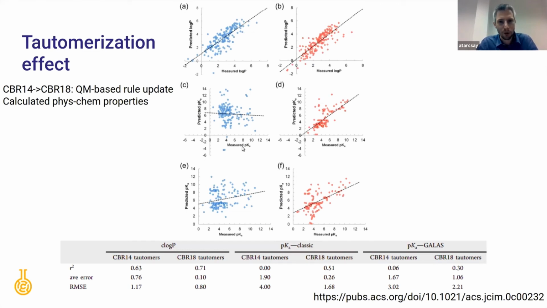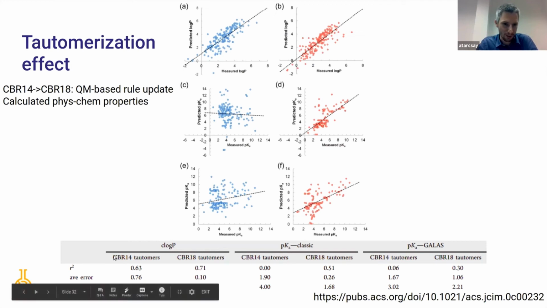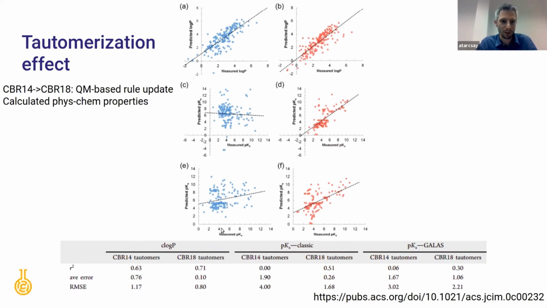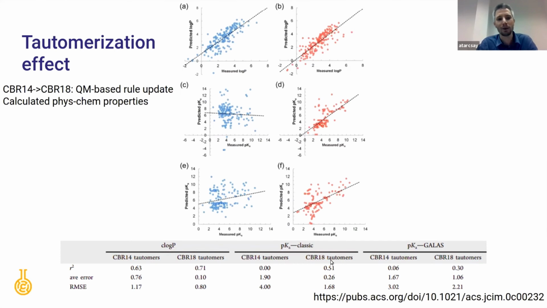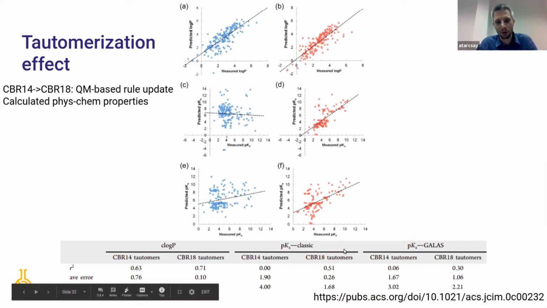And when they checked the calculated properties with the old rule set, the CBR14, in some cases, like the pKa calculation, there was absolutely no correlation between the measured and the predicted pKa. However, when they changed to this new rule set and applied the pKa calculation on the novel tautomers that are corrected, the R square increased significantly.